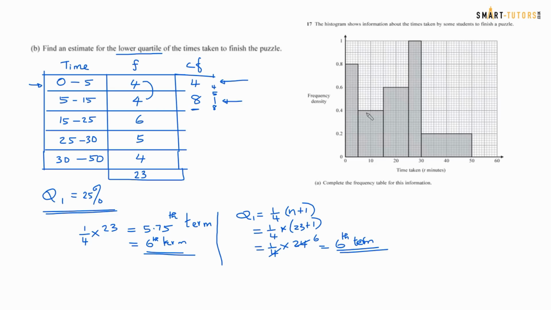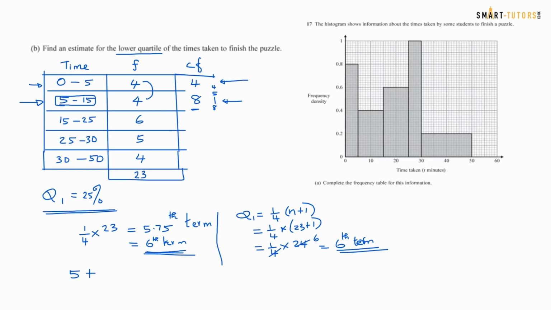The 5th number until the 8th number is going to be in the second group. I am searching for the 6th term, so it's going to be in the second group. This is where the quartile is going to be. So in order to find the accurate answer, the 6th term is in the second group.